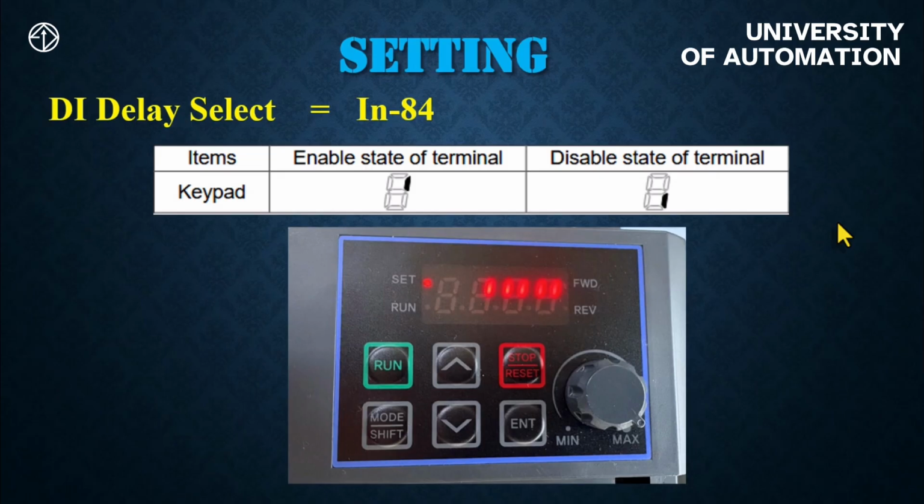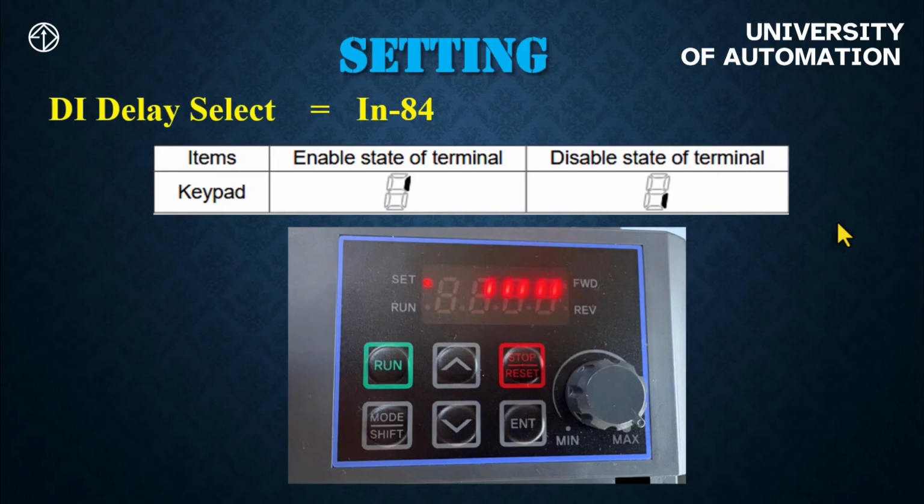The first setting that can be configured on the digital inputs of the G100 inverter is the digital input delay select. This means that you can set a delay or filter for the digital inputs, both for when they are activated, turned on, and deactivated, turned off.